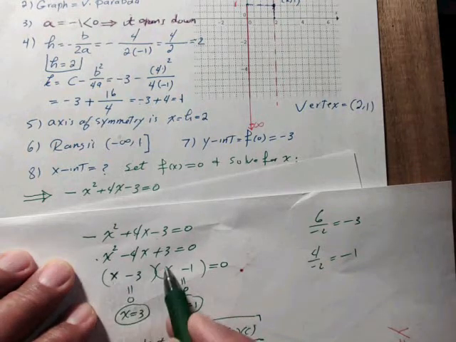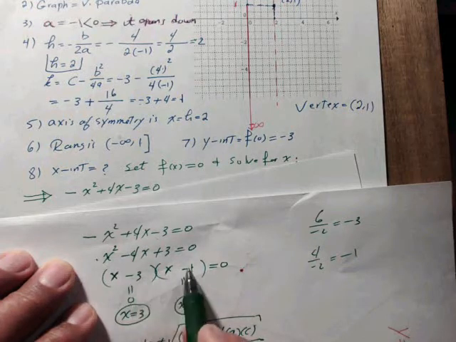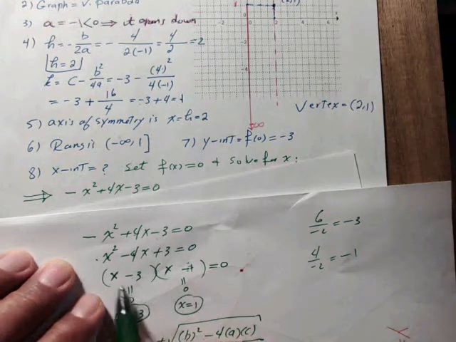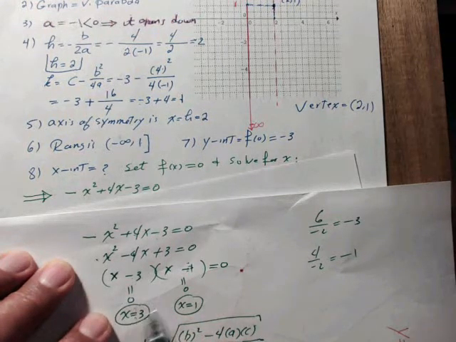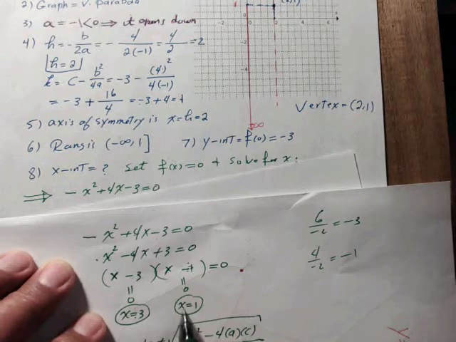So I put an x here and an x there, with negative 3 and negative 1. If you add these two numbers, you get negative 4. If you multiply them, you get 3. Setting each parenthesis equal to 0, I get 3 and 1. So these are the x-intercepts, 3 and 1.